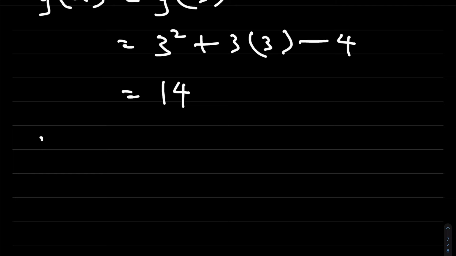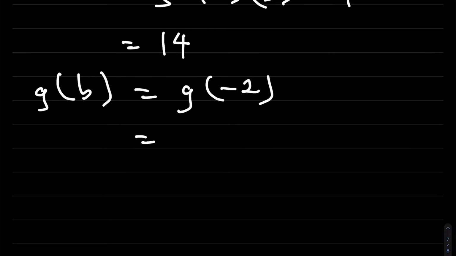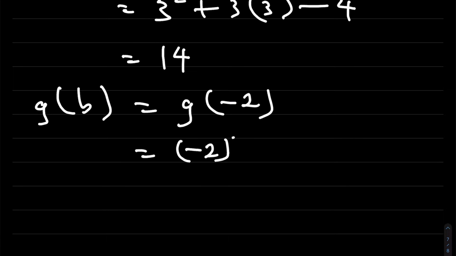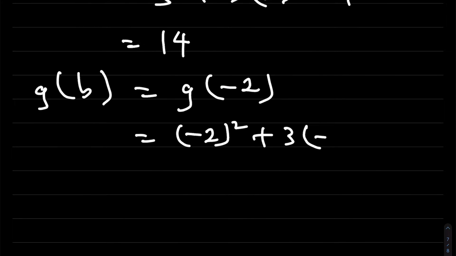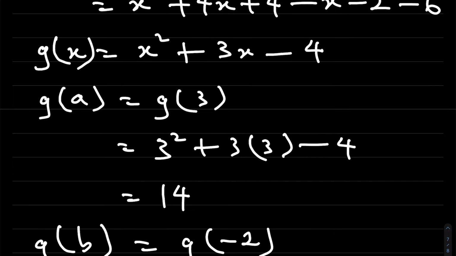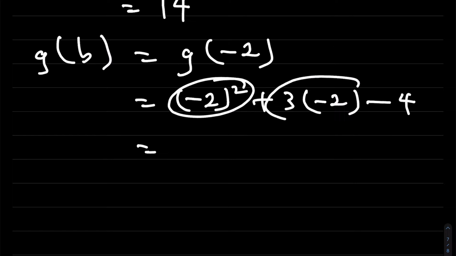And g of b, which is g of minus 2, is the same as minus 2 squared plus 3 times minus 2 minus 4. We're just substituting minus 2 for x in g of x. Wherever we see x here, we put minus 2. And this is going to be 4, 4 minus 6 is minus 2, minus 2 minus 4 is minus 6.